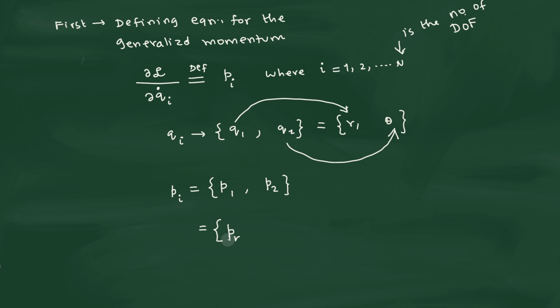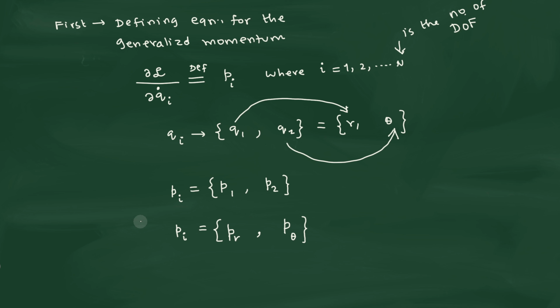This is the notation you'll have to use. Then comma, p2. 2 corresponds to the theta variable, and therefore you write p theta. So these are the symbols that we use for pi.